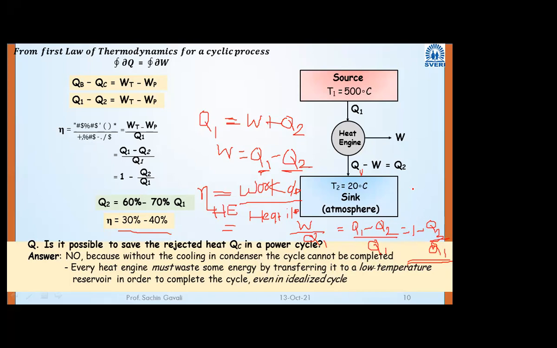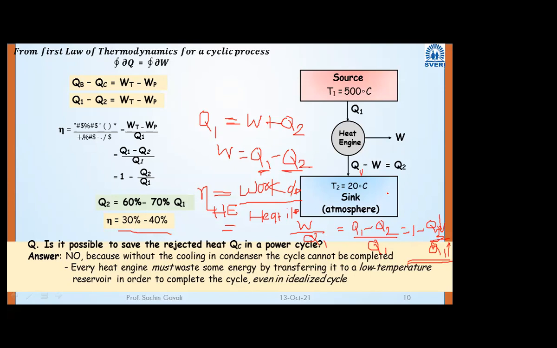What is the condition? To be close to 1, heat rejected Q2 should be as minimum as possible, and Q1 heat supplied should be as maximum as possible.